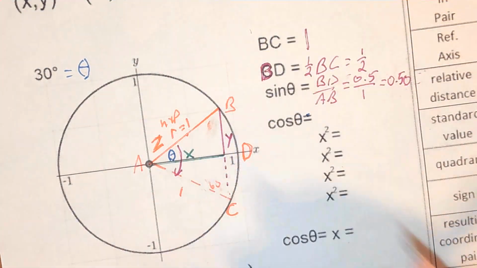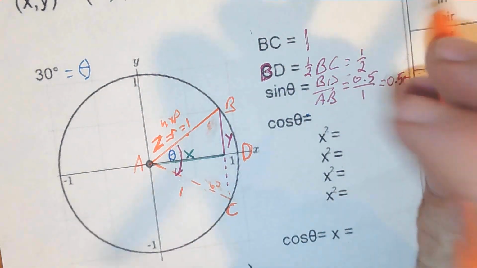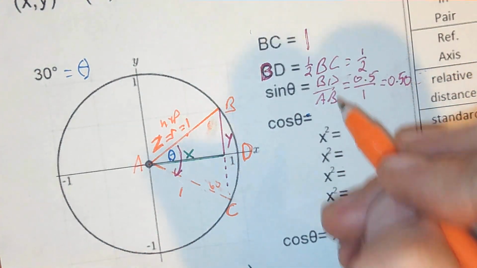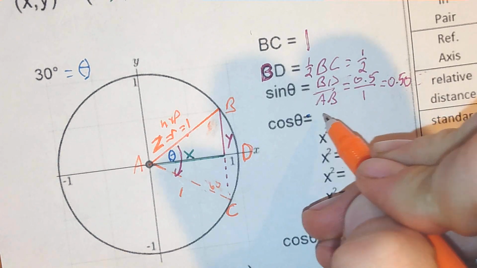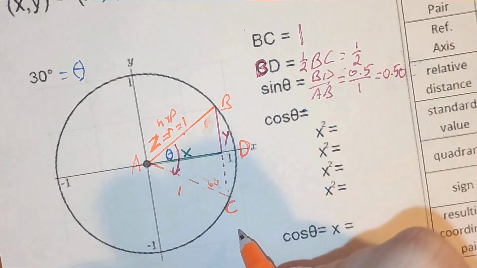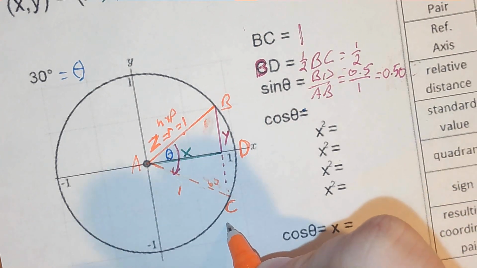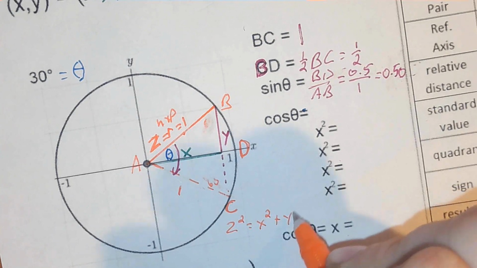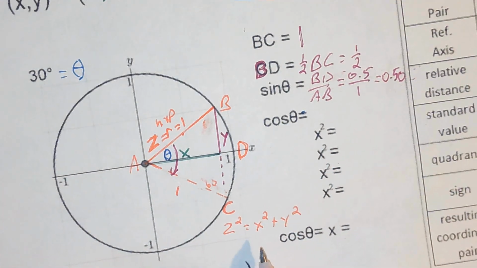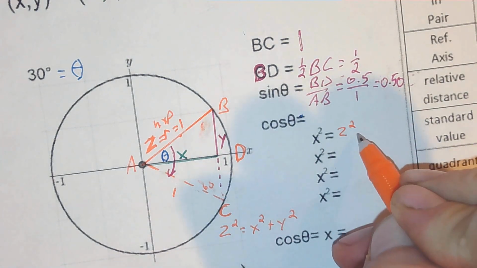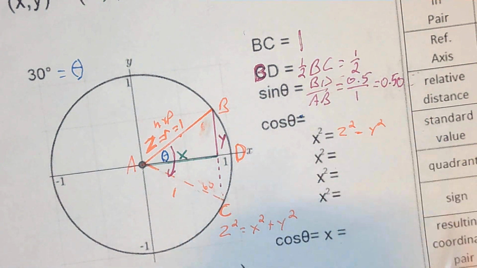Our cosine, our length, is going to be equal to, in order to find that, we have to use Pythagorean's theorem. It's z squared equals x squared plus y squared. To solve for x, it's going to be z squared minus y squared.